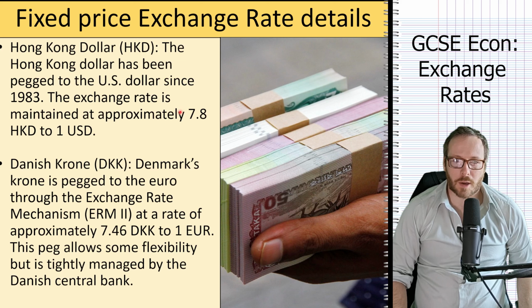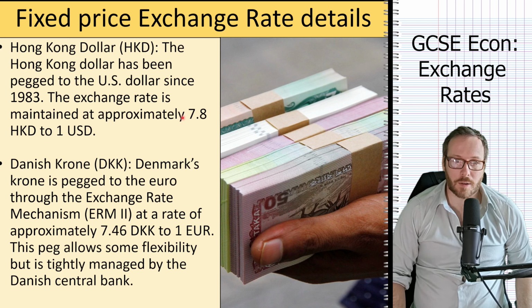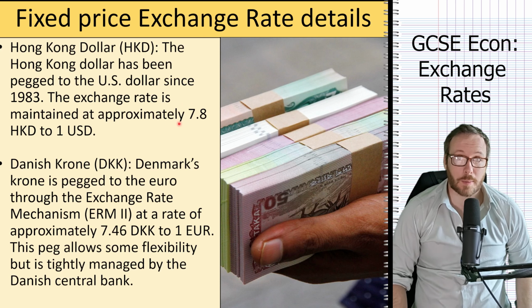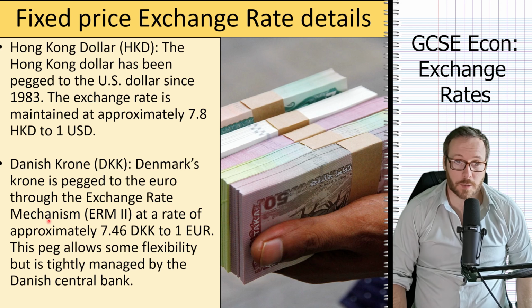And they do this by holding, like I just said, lots of reserves, and they will buy and sell Hong Kong dollars, and they will buy and sell the reserves of other currencies in order to maintain this 7.8 ratio, just to make business completely stable when you're investing in Hong Kong. And that's why they've arguably done so well. People love stability. And the Danish krone is pegged to the euro.